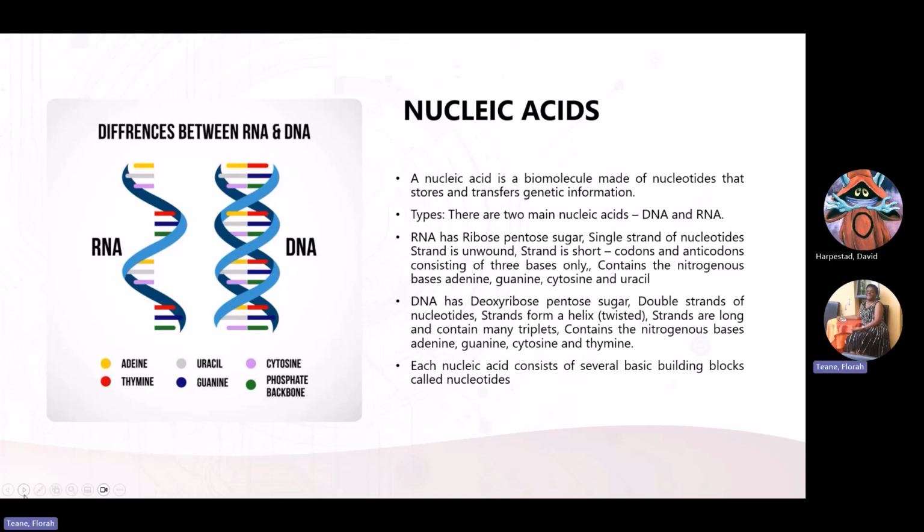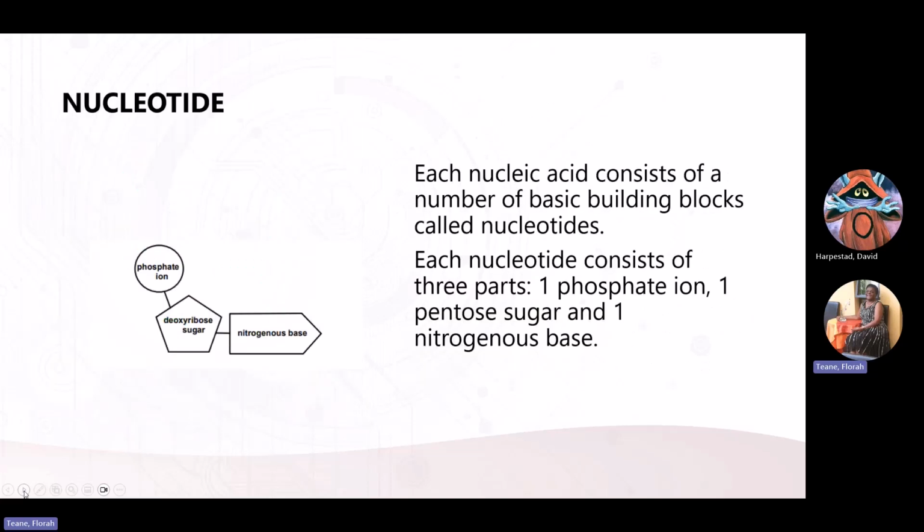So RNA is very short compared to DNA, meaning DNA is a little bit longer. RNA is made up of a sugar called ribose sugar, and the DNA sugar is deoxyribose sugar. As we continue with our lesson, you are going to see more of the differences between the two nucleic acids. For now, let's look at the next slide, which shows a nucleotide.